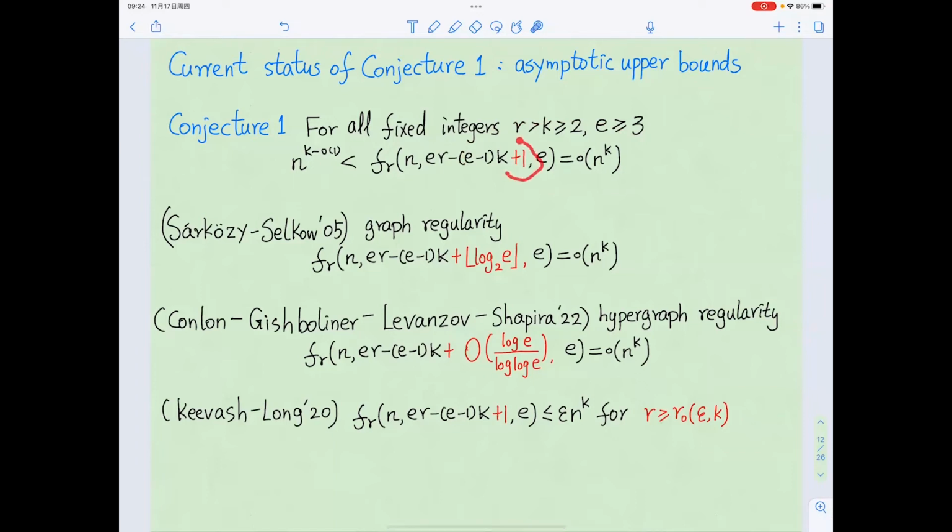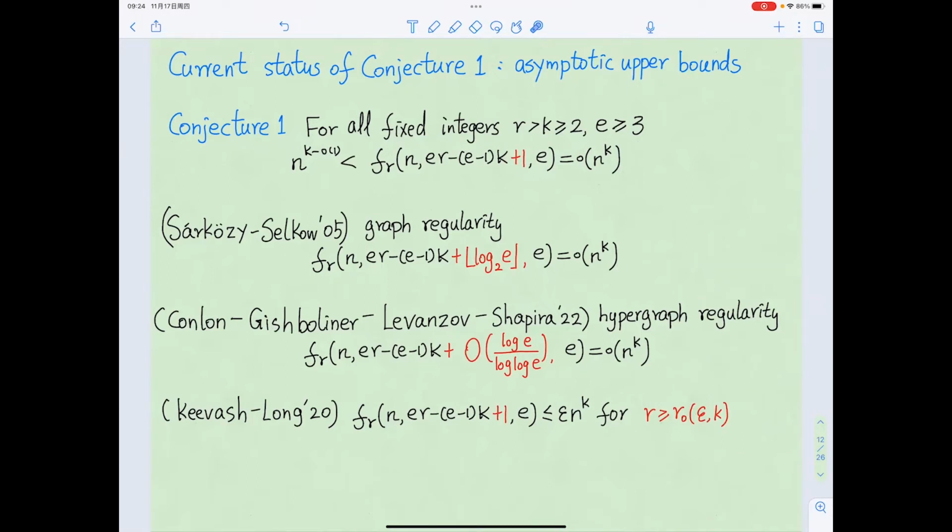If you replace the +1 here, Sarközy and Selkow prove a weaker result. They show that the number of edges is little o of n to the power of k if you replace this +1 by log2 of e. This is a weaker result, and the proof applies the graph regularity method.